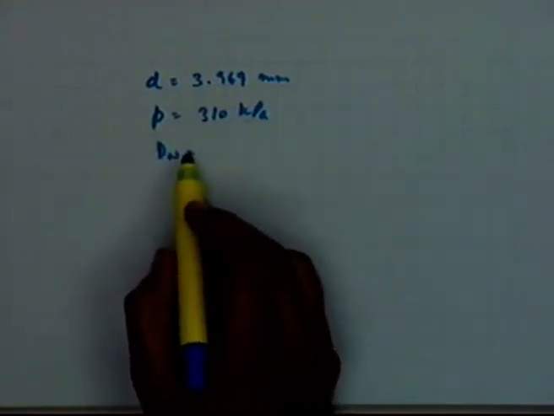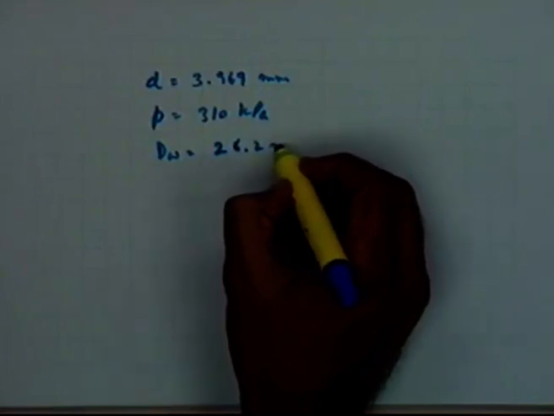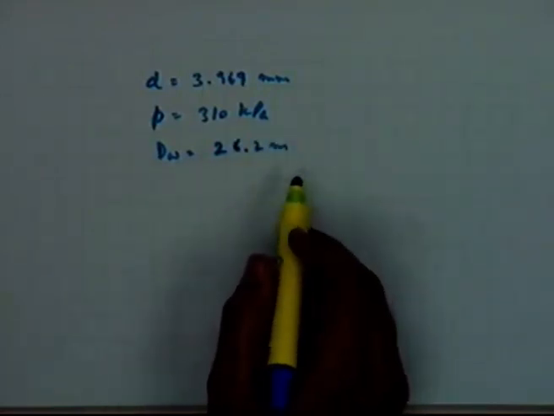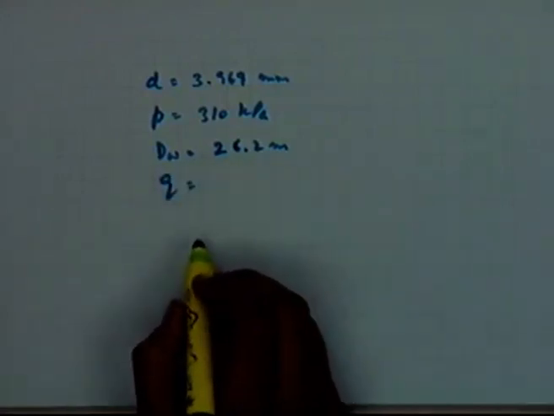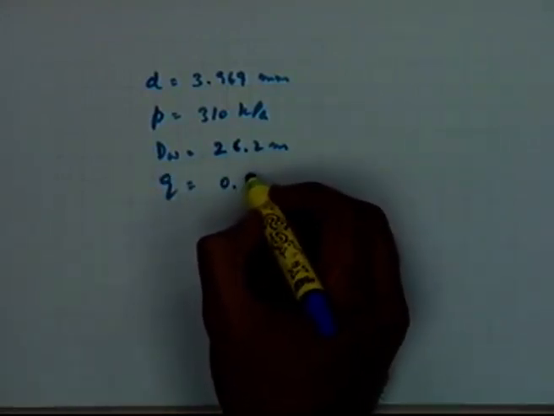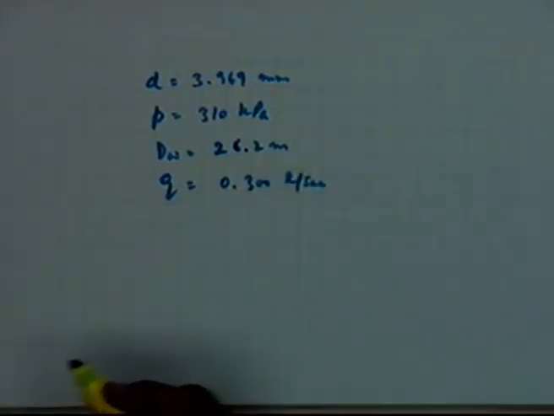The corresponding wetted diameter for this is 26.2 meters, and the discharge is 0.3 liters per second.